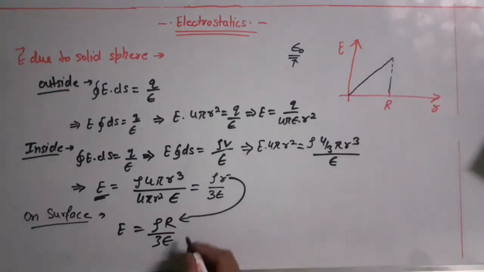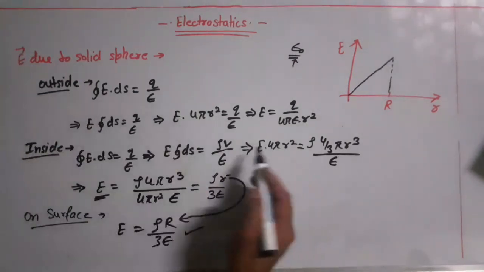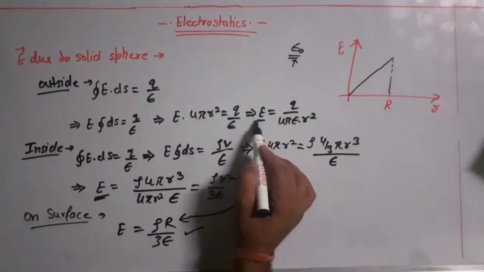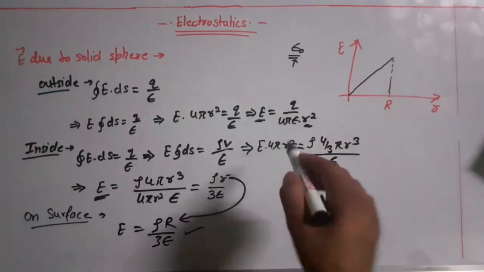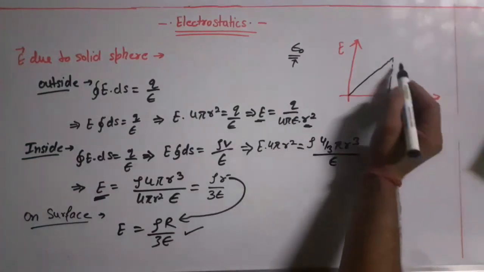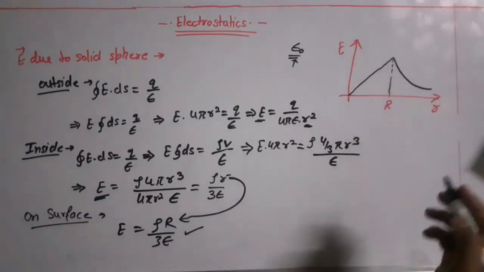At R, the electric field is maximum, and outside the sphere, E has a relation of inverse proportionality to the square, or we can say inverse square. So the nature of our graph will become something like that.